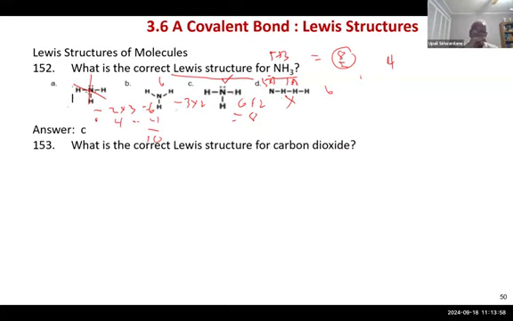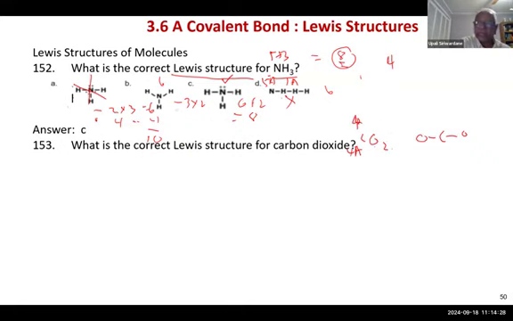How do you write the Lewis structure of carbon dioxide? Carbon is connected like this. You count the total number of electrons. Carbon is 4A, so this is 4.